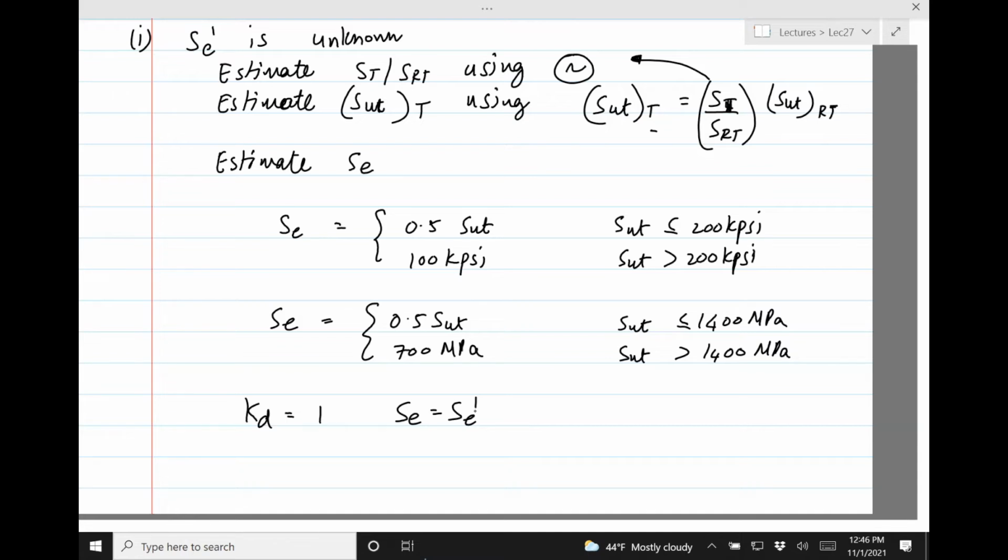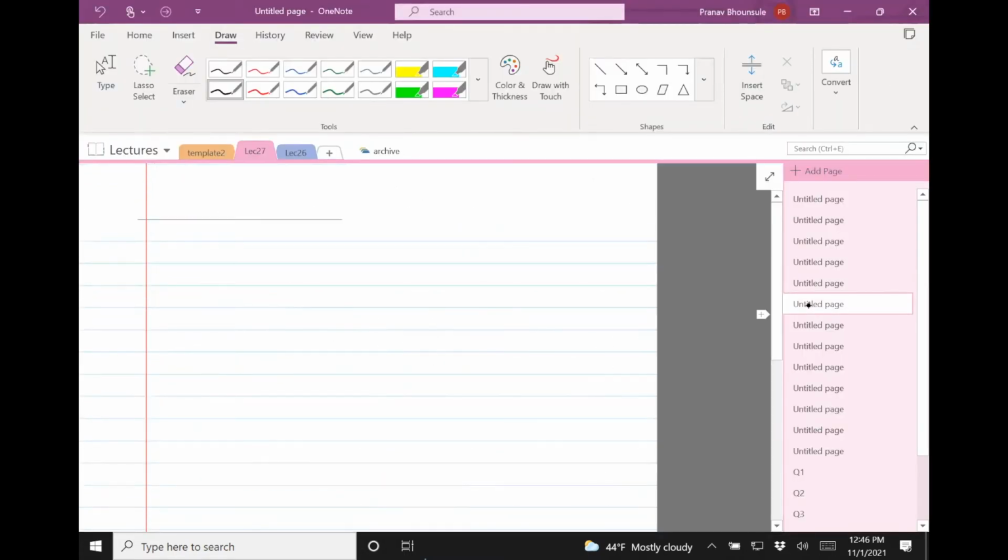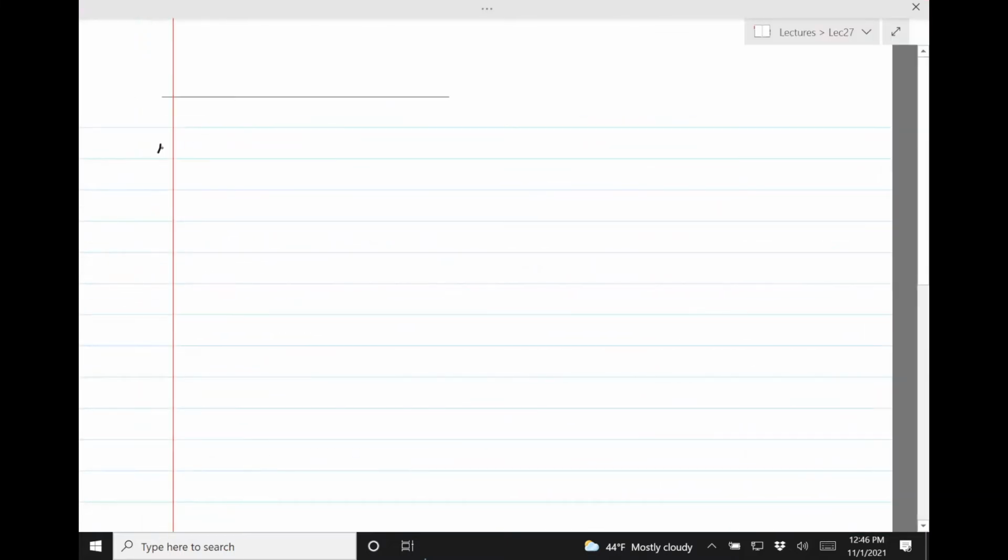Okay, there's a case when SC prime is known.